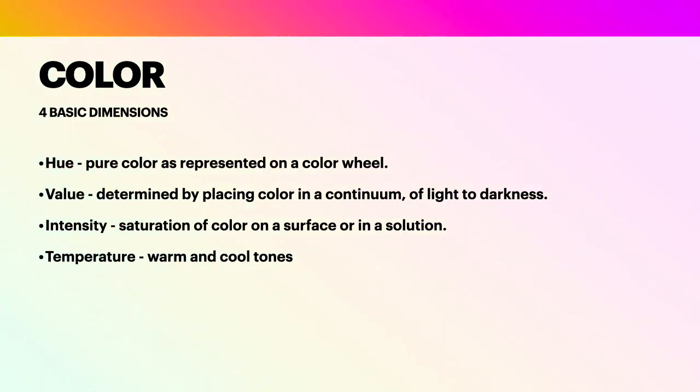Value is determined by placing color in a continuum of light to darkness, which is white to black, or brightness to darkness. This is not the same thing as the intensity of color. Intensity is a saturation of color on a surface or in a solution.